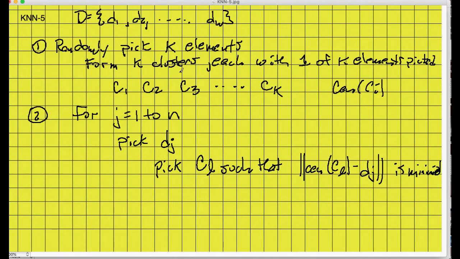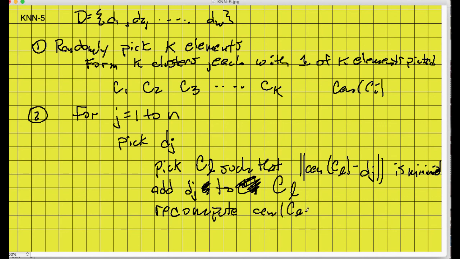I pick C sub L such that the distance from the centroid of C sub L to this element is minimized. Then I add D sub J to C sub L, and then I recompute the centroid of C sub L.